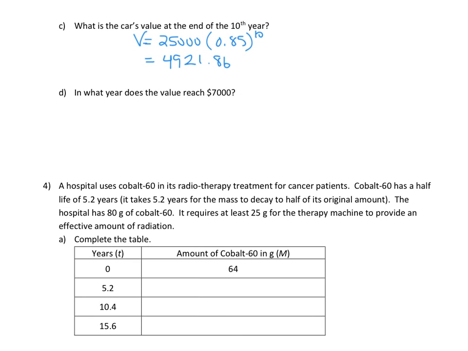All right, and then in what year, so we're solving for the exponent now, the N is the question mark, does the value reach 7,000? So it's definitely before 10 years, because at 10 years you're less than 7,000.